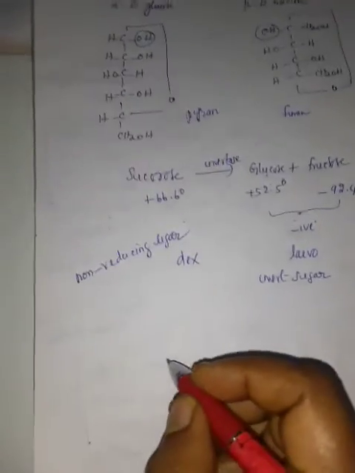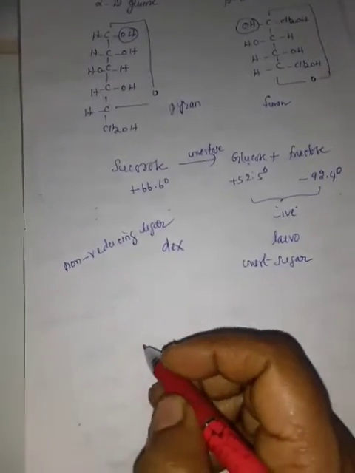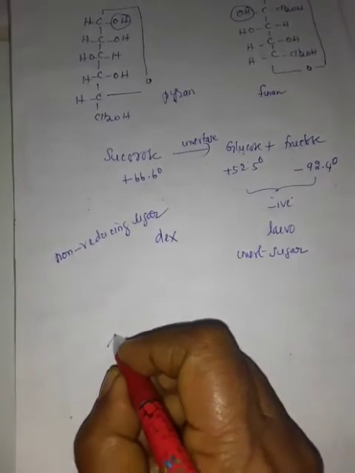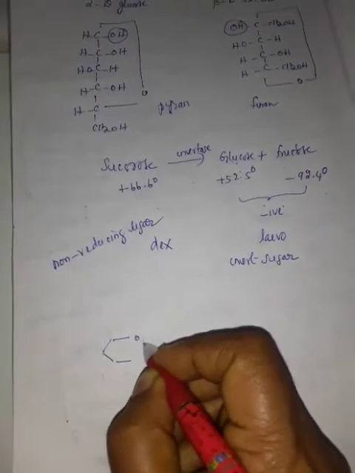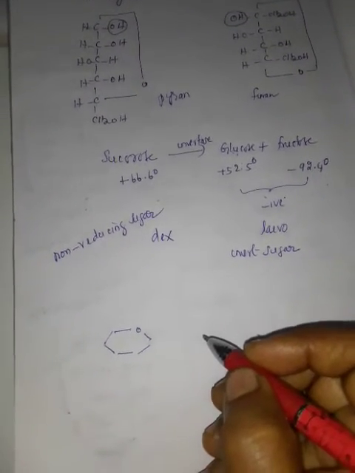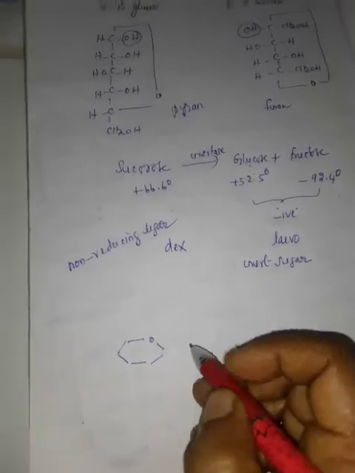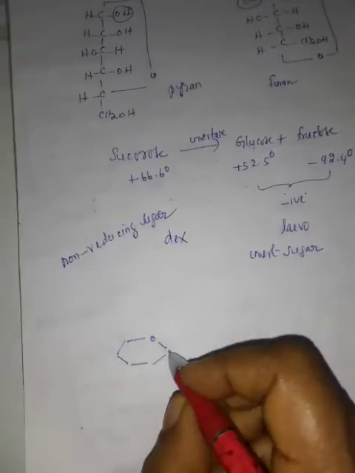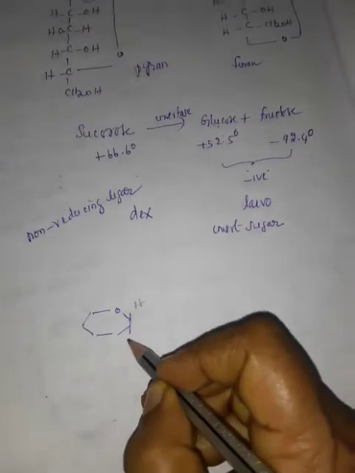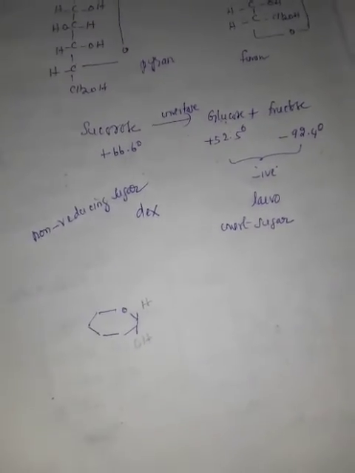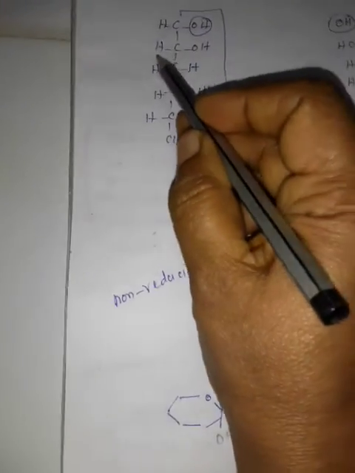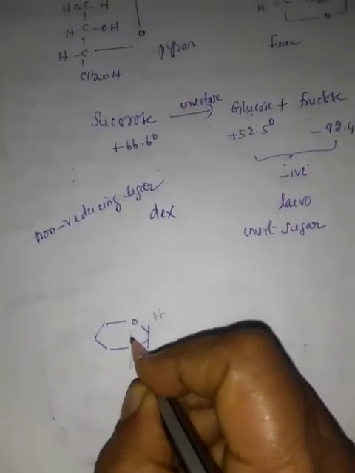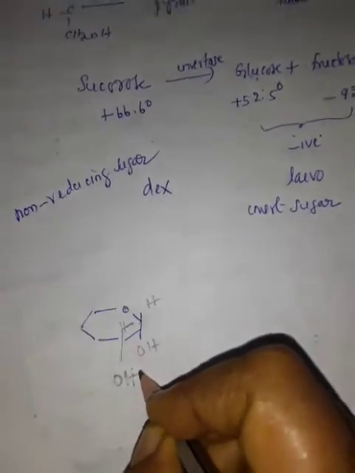So I'll show how to draw this alpha D glucose. Already I have taught in the previous videos how it is drawn. 5 carbon, 1 oxygen. So here H, OH. I'll draw in pencil. The next carbon also H, OH.